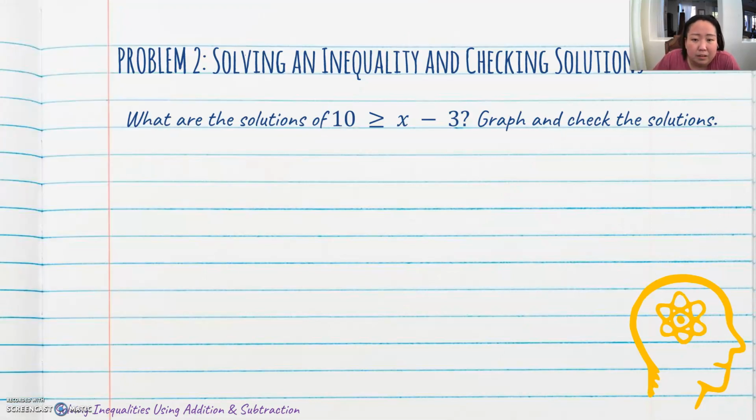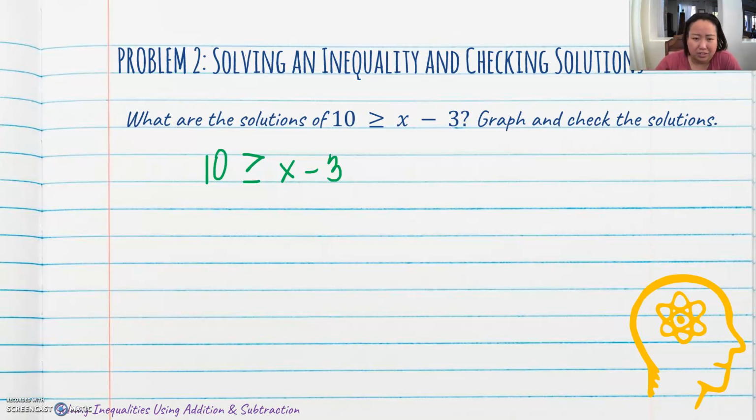Okay, now if you're going to take a look at this example, we have our inequality 10 is greater than or equal to x minus 3. Now if you would remember, we prefer having the variable on the left side of the inequality. Now it's up to you if you would like to switch it up already at the beginning so you don't get confused or forget about it, or you can also do it later on once you have your value for x.